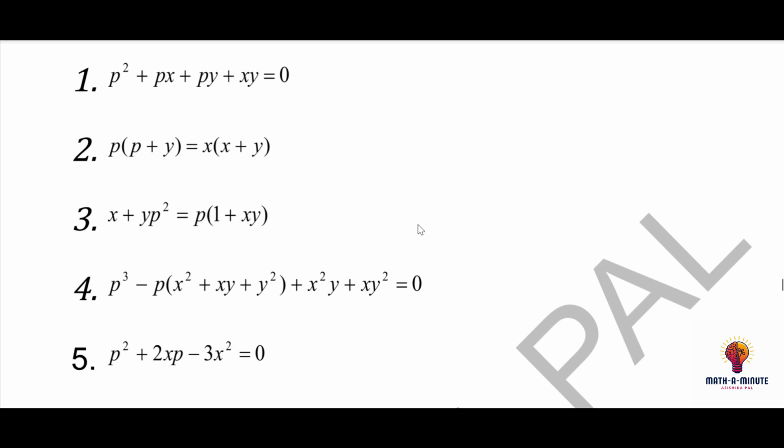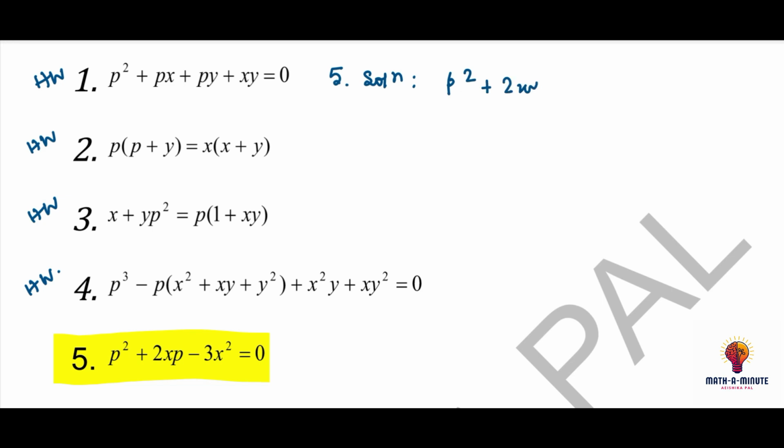So let me solve the problem number 5. So the solution of the problem number 5: the given differential equation is p square plus 2xp minus 3x square equals to 0. Okay. So now this differential equation can be written as p square plus 3xp minus xp minus 3x square equals to 0.